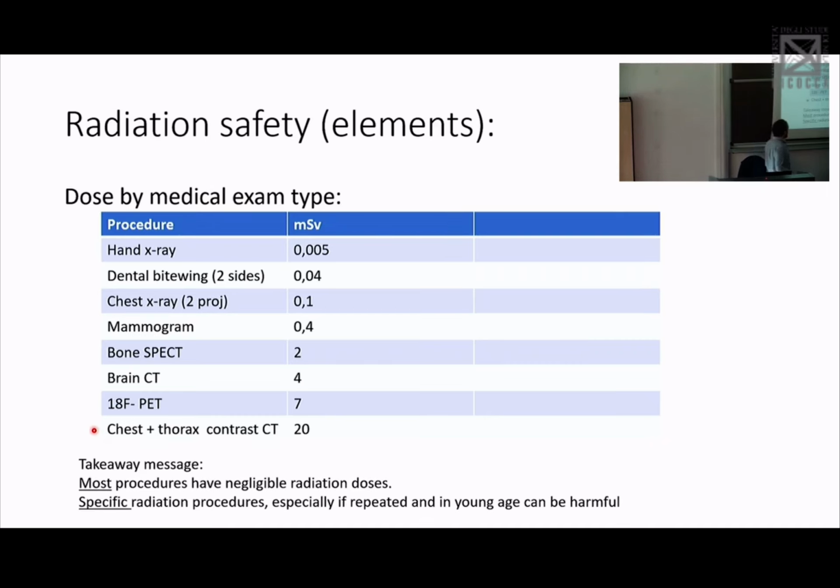So the takeaway message is most X-ray based imaging procedures have completely negligible doses, so you don't need to worry. However, some specific radiation procedures, especially if repeated and in young age, can be quite harmful.